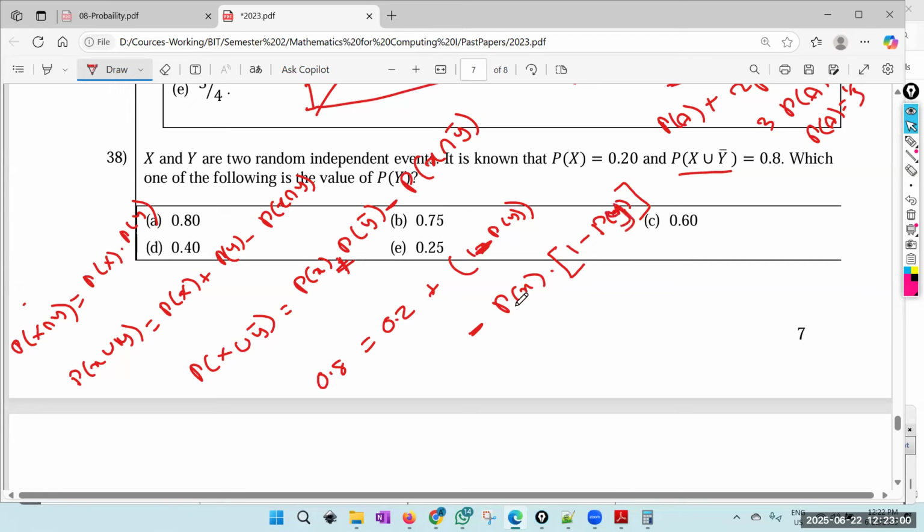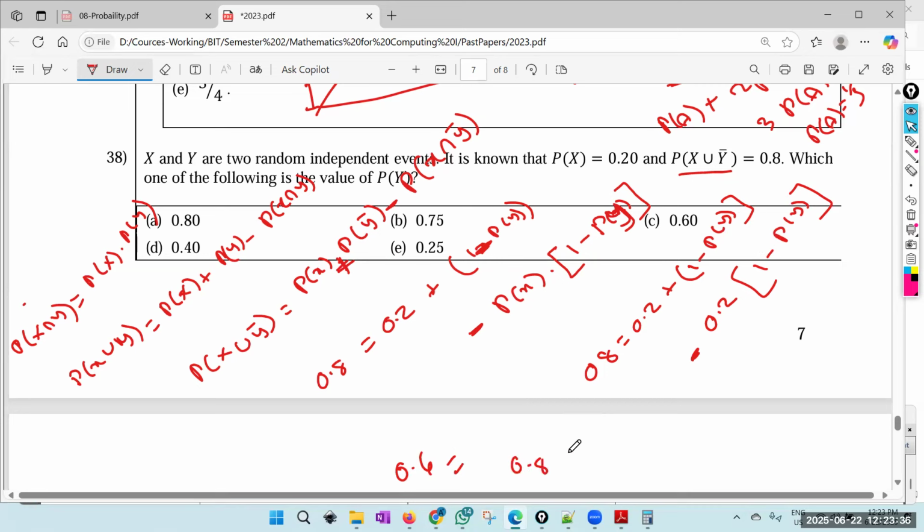And now we have the P(X) also. So 0.8 equals 0.2 plus 1 minus P(Y) minus 0.2 times 1 minus P(Y). Then 0.2 I can take to the other side: 0.8 minus 0.2 is 0.6. 1 minus P(Y) I can take as a block: 1 minus 0.2 is 0.8, times 1 minus P(Y).